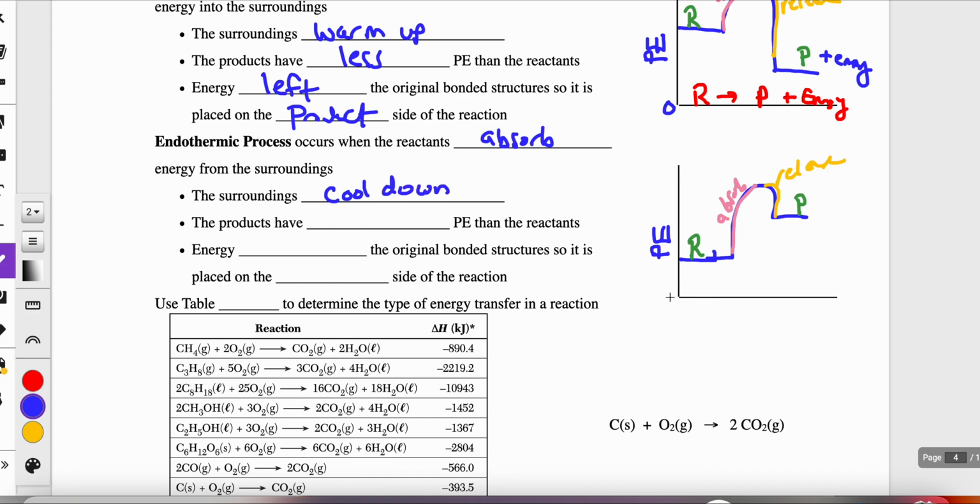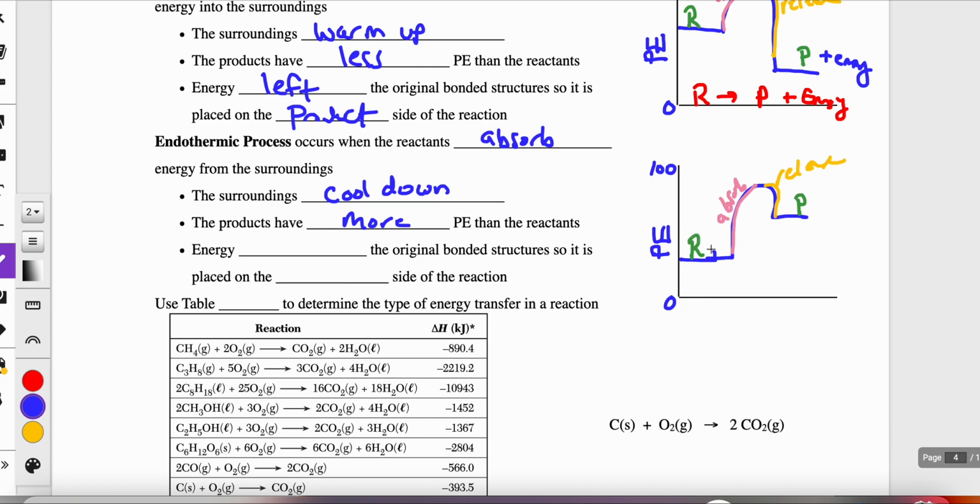And once again, if we had scaling on the y-axis and we compared the amount of stored energy, or PE, that the reactants have compared to the products, we'll see that the products will hit the y-axis at a higher value. So the products have more stored energy or potential energy than the reactants.